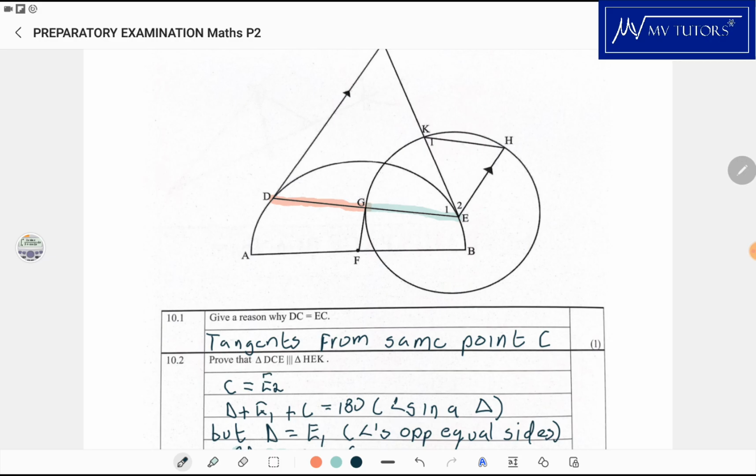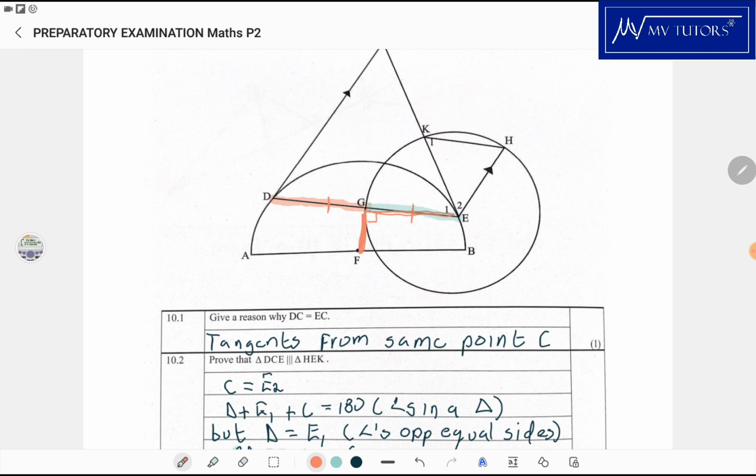Now, if you look closely here, we know that this line is a tangent. We have been told that it is a tangent. We also know that this one is a radius. And do you remember the relationship between a tangent and a radius? Yes, they are perpendicular. And this line from F is from the center and it's perpendicular, which means this line bisects the chord.